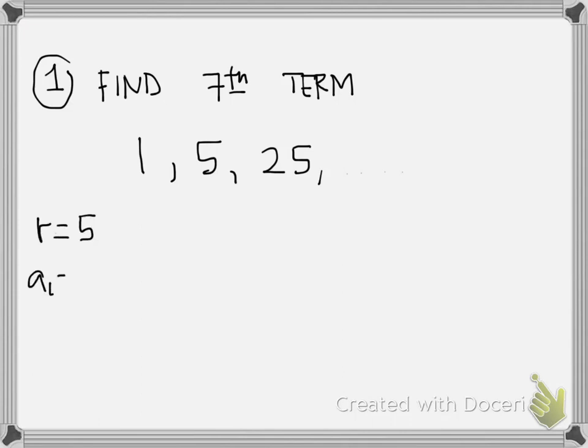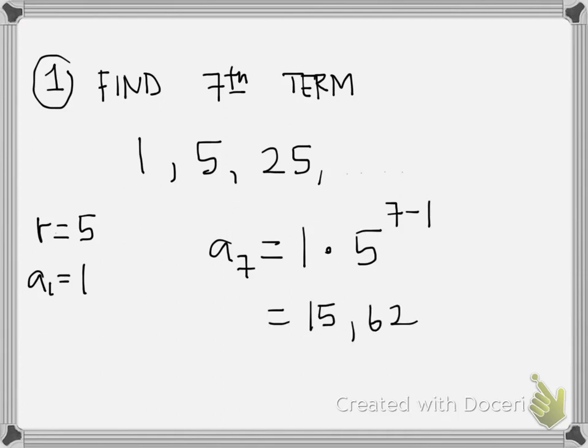My A1 is 1, so my 7th term is 1 times 5 raised to the 7 minus 1 power, so the 6th power. So basically 5 raised to the 6th power times 1, which is 15,625.